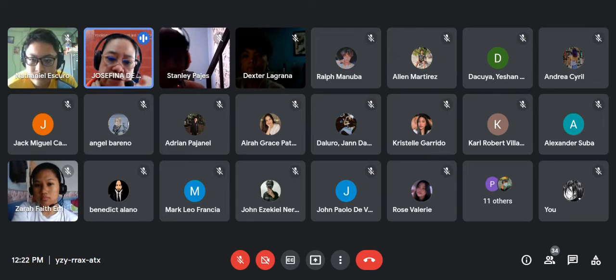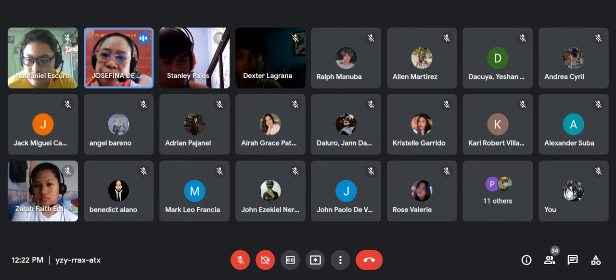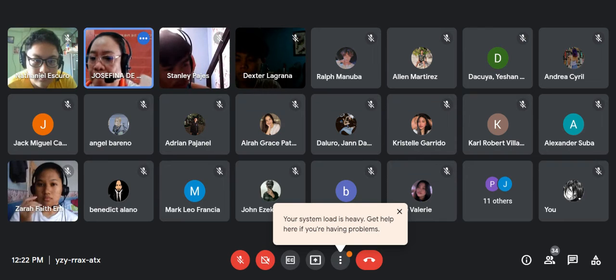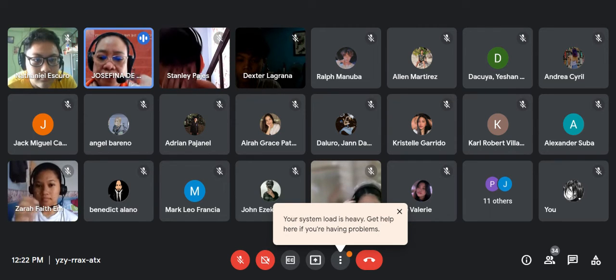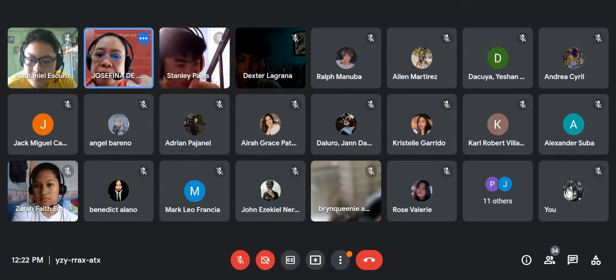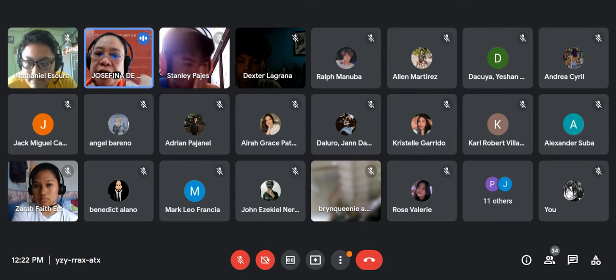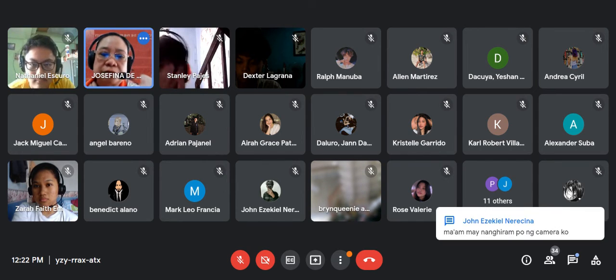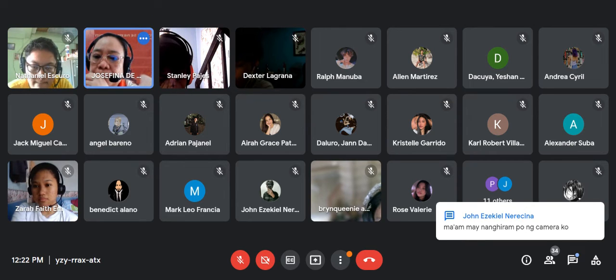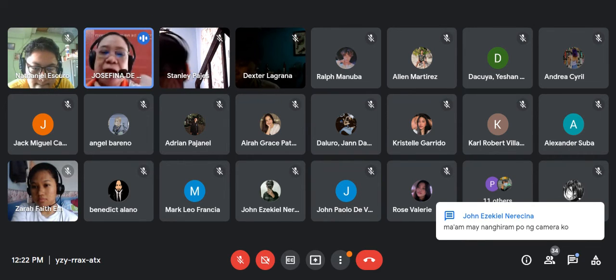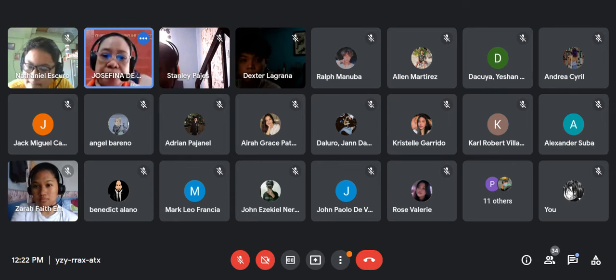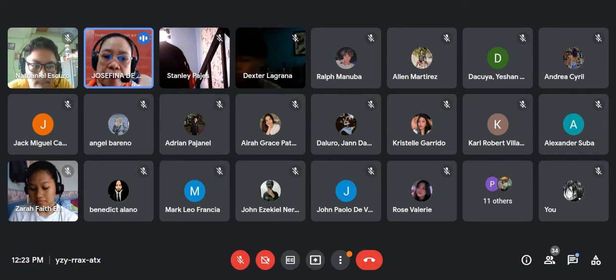I have to change the screen option. Ba't wala dito yung screen option? Saan dito ang screen option, class? Baka dito. Caption, change layout. Yun, change layout. May nanghiram ng camera mo, wag mo na ipahiram next time. Ayun. Okay. Ayan. Kita ko na lahat.